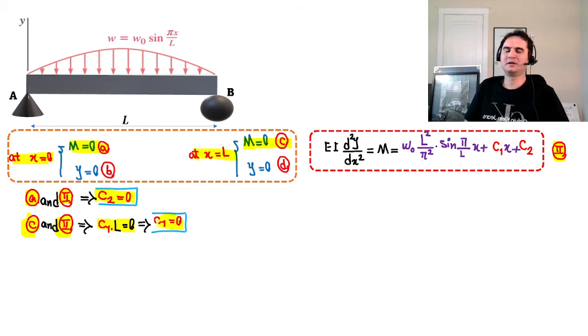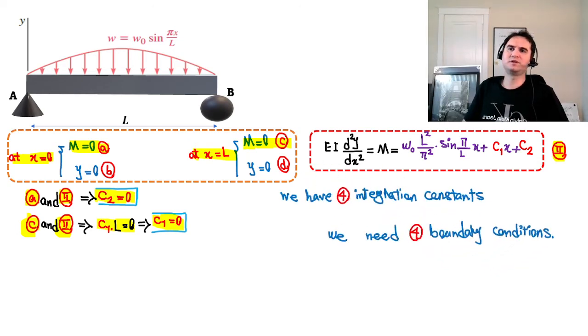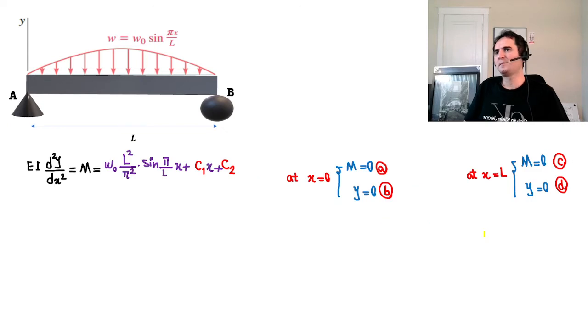That says C1 should go to 0. In this method, we have 4 constants of integration, so we need 4 boundary conditions. It means for each integration constant, we need 1 boundary condition to solve for the unknown.